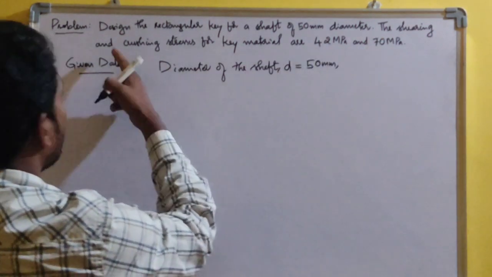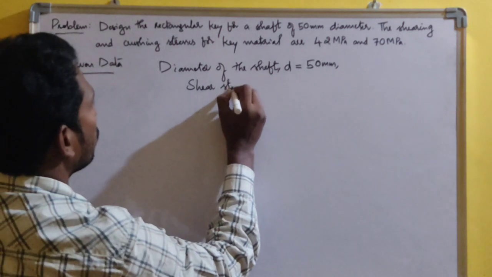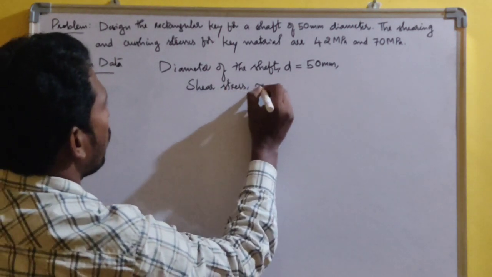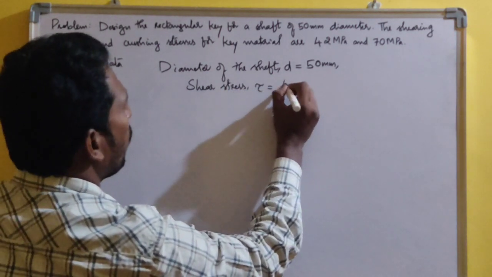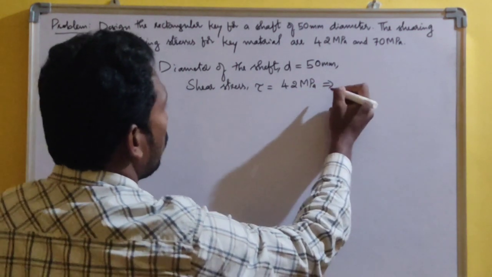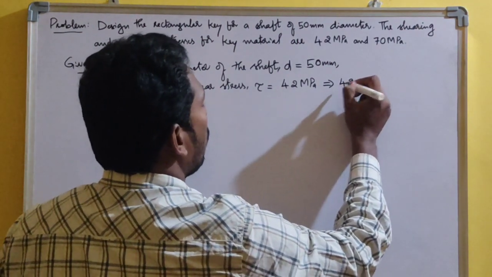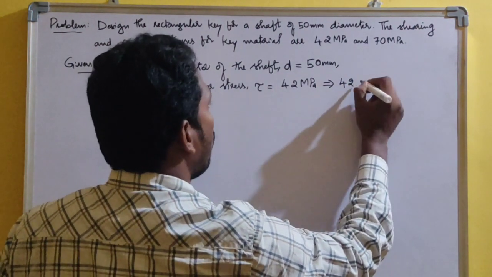and the shear stress tau equal to 42 megapascals. So these are to be converted into Newton per square millimeter. 1 megapascal equal to 1 Newton per square millimeter, so we will get the same value here.